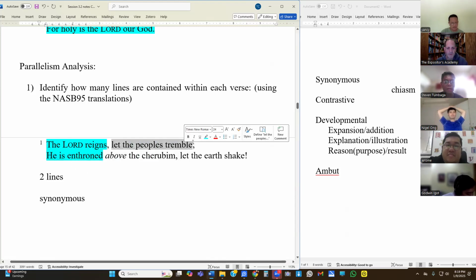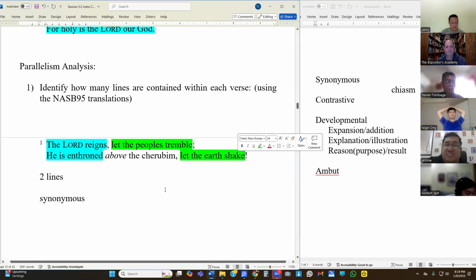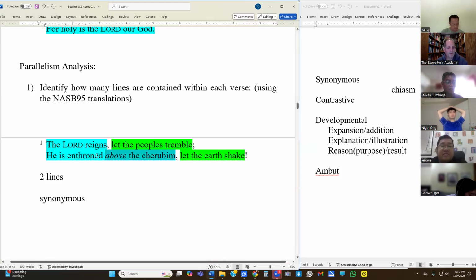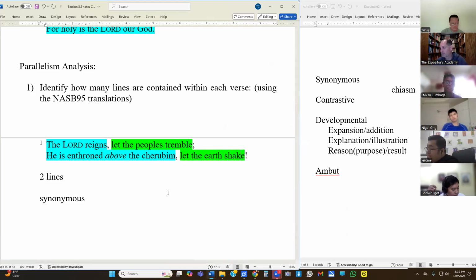And then let the peoples tremble, and let the earth shake. There's a little bit more in the second line. He's adding, enthroned above the cherubim, but it's the synonymous idea. And with the statement, let the peoples tremble, let the earth shake, tremble, shake. I think we can see the synonymous connection there. So I would agree with that.